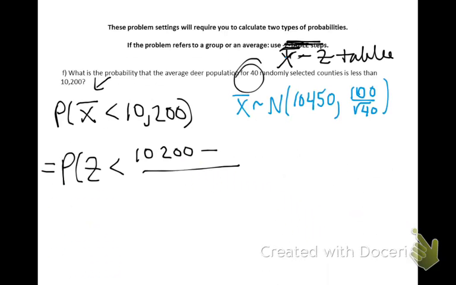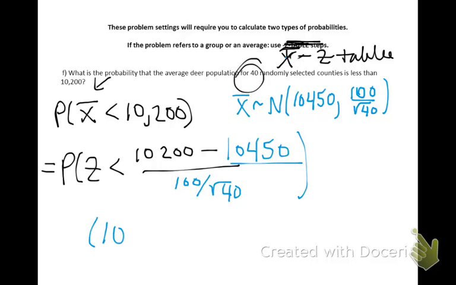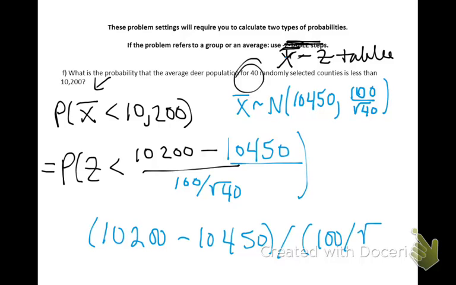So we have our observation. We're going to subtract the mean of 10,450 and divide by the standard error, 100 divided by the square root of 40. When you type this in the calculator, you're going to need to type in 10,200 minus 10,450 divided by parentheses 100 divided by square root of 40, close parentheses.